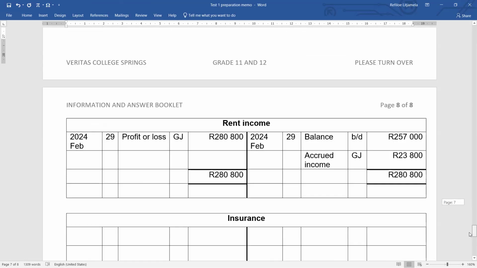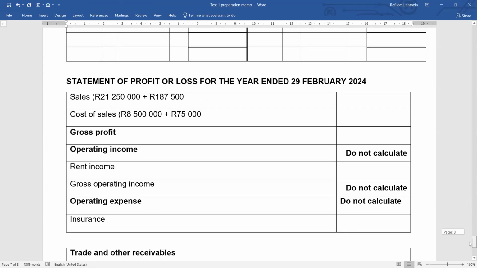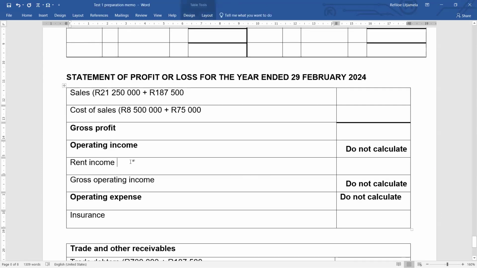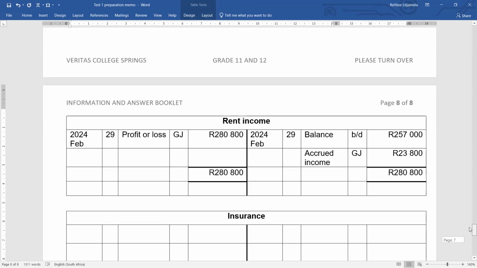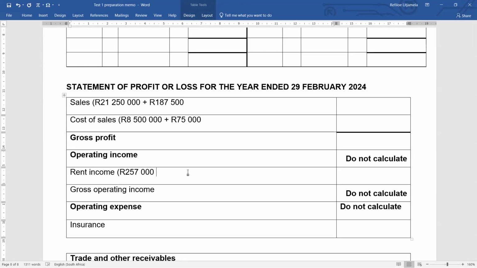Then I'm going to go to my financial statements. In my financial statements, I will go to rent income. When I get to rent income, I will open brackets. The rent income I was given was 257,000. Let me go up to confirm that. It's 257,000. That 257,000, I am going to increase it by 23,800.